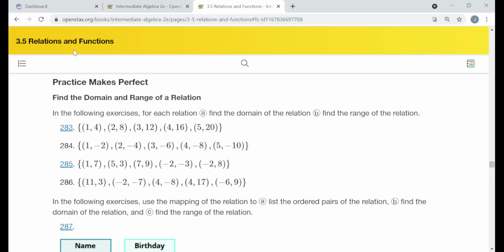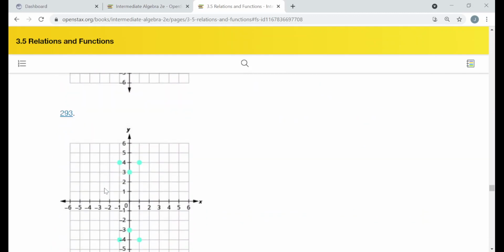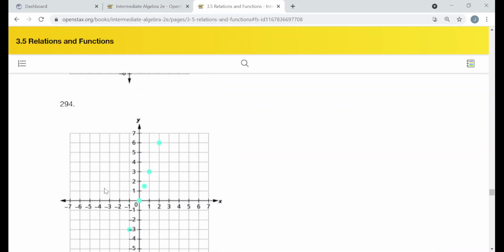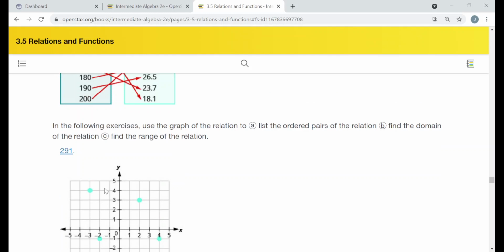The exercises I'm working on are from that book's section 3.5 titled Relations and Functions, and the exercises I'll be doing are numbers 283 all the way through 294. Right, 283 to 294.